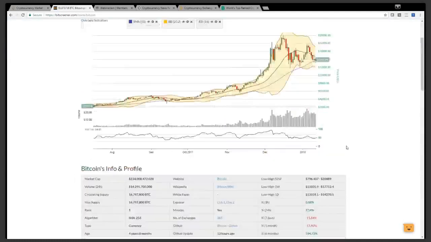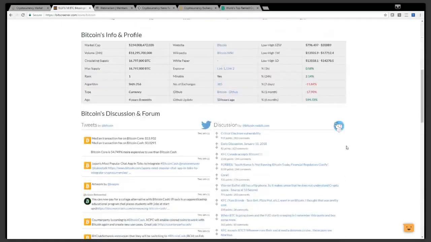Go back down to the profile. Yeah. So the biggest thing is understand that Bitcoin, it was first. It's still the big boy on the block. It's still ranked number one, but it has lost its dominance in terms of market share.